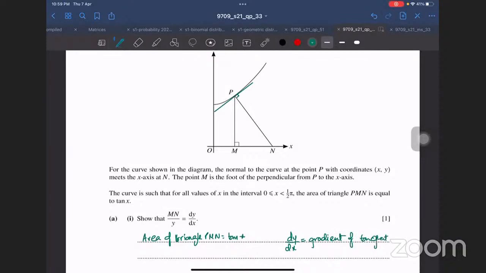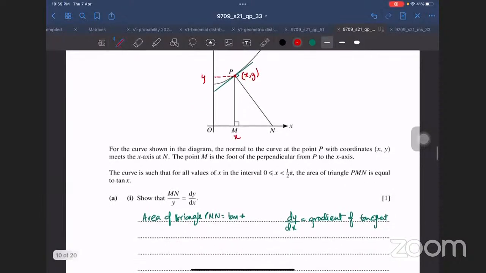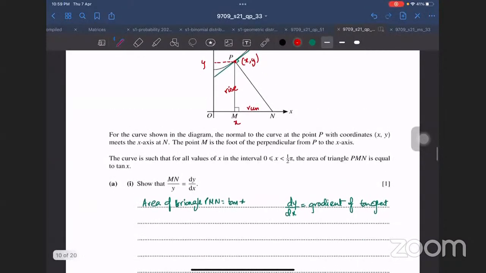This point is x comma y. This means that this is the y coordinate and this is the x coordinate. If I were to write this as rise over run, so minus dx over dy, which is the gradient of the normal, should be equal to the gradient of PN.